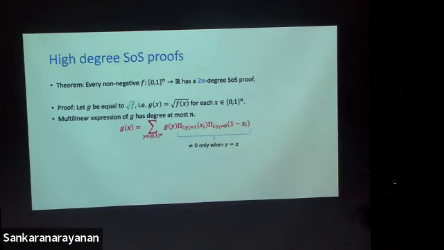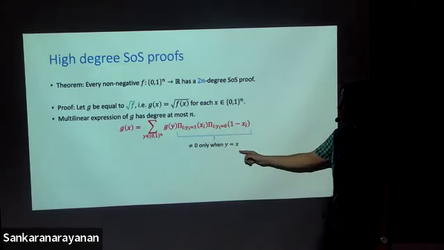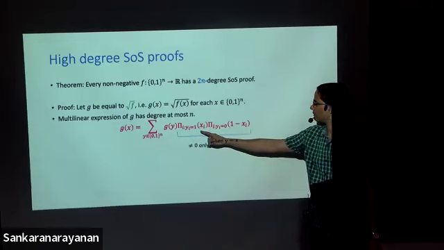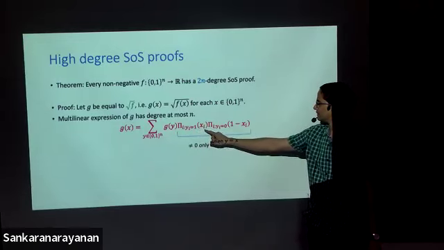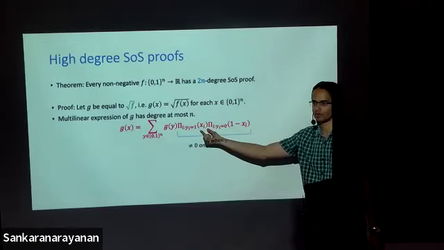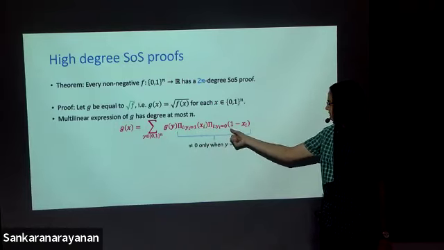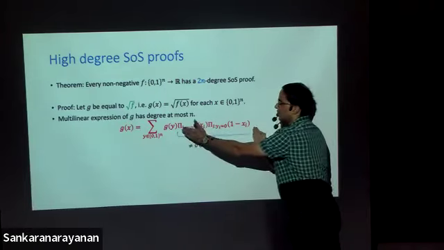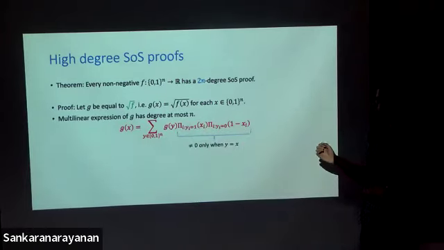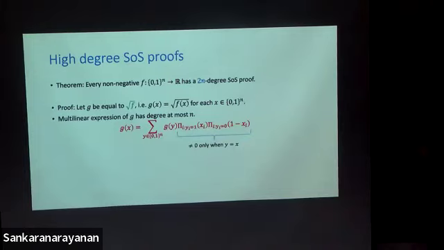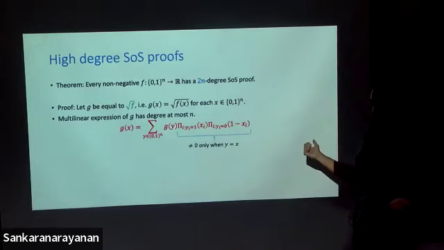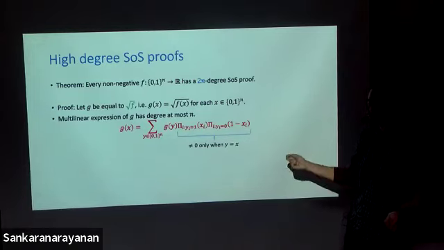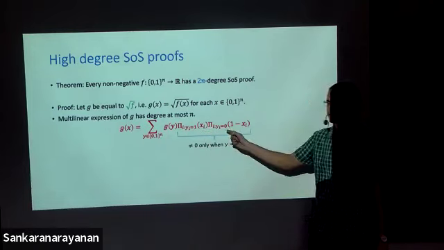Let's look at that. When y is indeed equal to x, what do you get? Where y is equal to 1, all of these terms contribute 1. And where y is equal to 0, then xi is also equal to 0, so all of these terms also contribute 1. So this product has value 1. Now let's say y is not equal to x. That means there is some coordinate i for which yi is not equal to xi. Is that a 1 coordinate or a 0 coordinate?